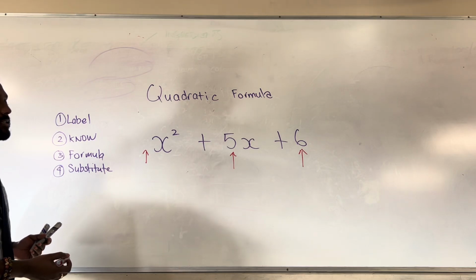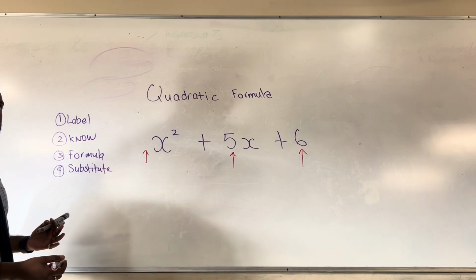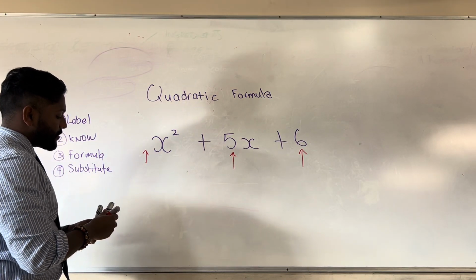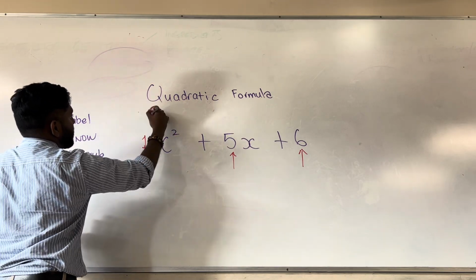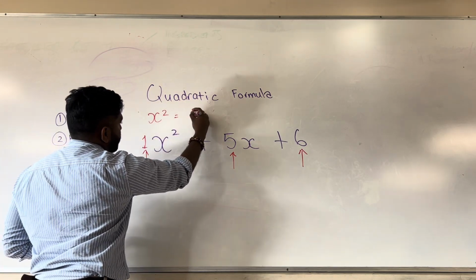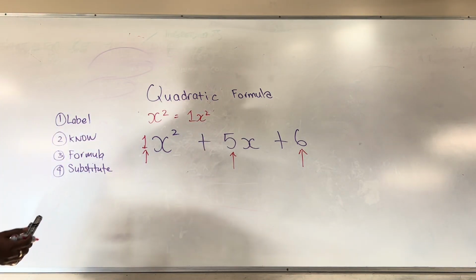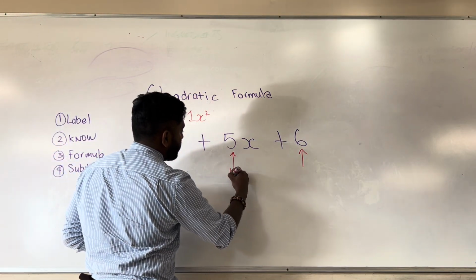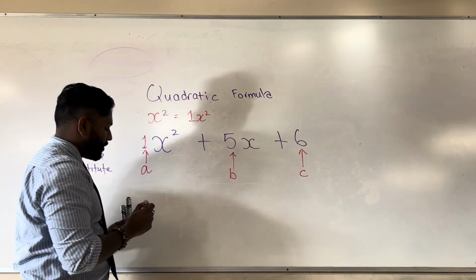If it was actually 0x squared, then that would be 0 times x squared, which is 0. So in fact, that's not a 0. It's actually a 1. But we never write down 1x squared. Mathematicians won't write 1x squared. We just assume it's x squared. So your coefficient here is A, that's your B, and that's your C, and that includes the signs that come along with it.